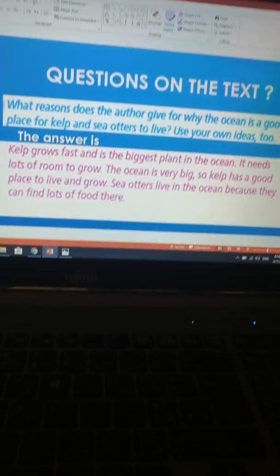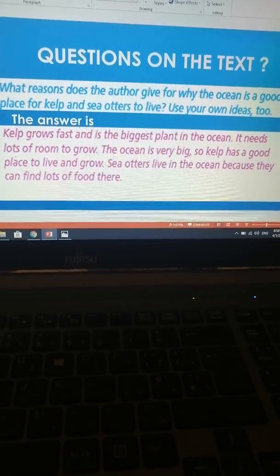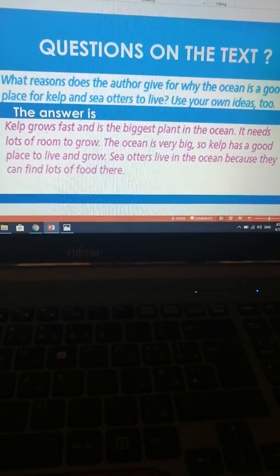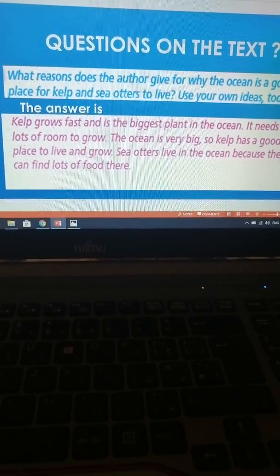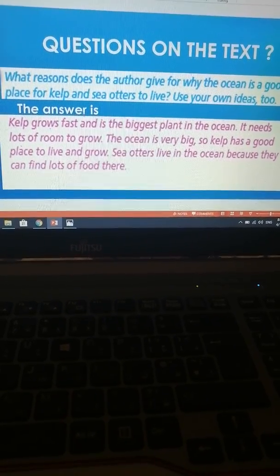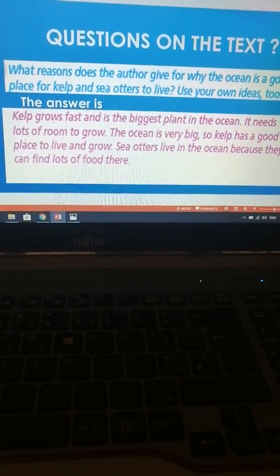We will read together. Kelp grows very fast. Kelp is the biggest plant in the ocean. It needs a very big space to live and grow. The ocean is very big, so kelp has the ocean as a good home to grow and to live.